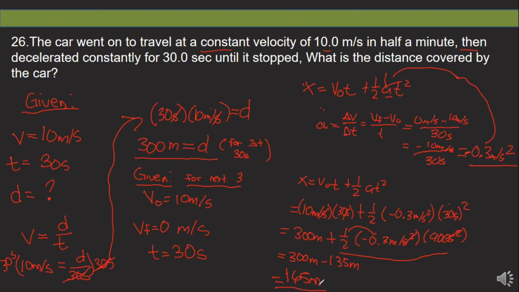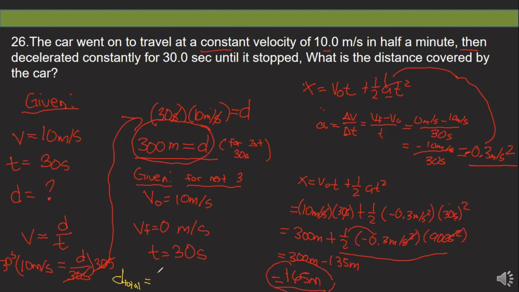So the total distance covered by the car for 1 minute is the distance covered for the first 30 seconds plus the distance covered for the next 30 seconds. To compute the total distance, I'm going to use the area below, and the yellow color to show how to solve for it.